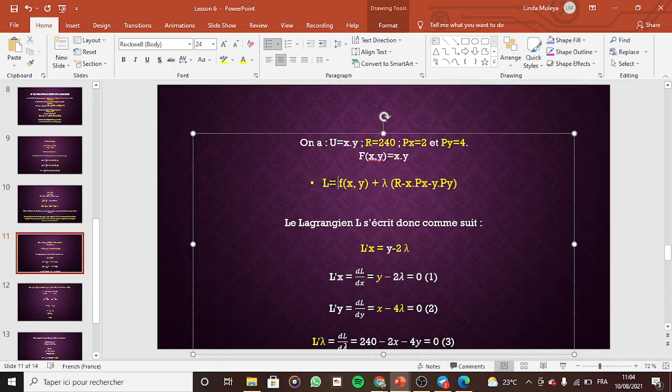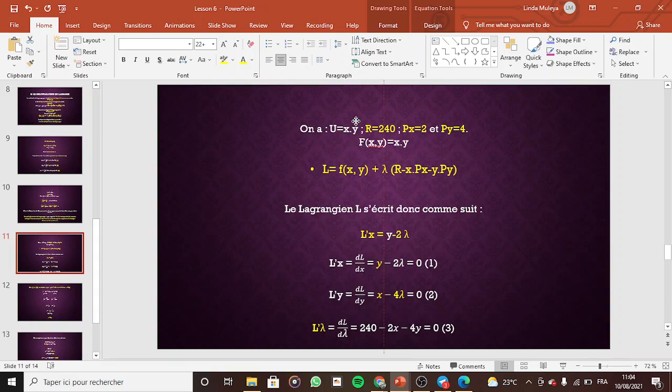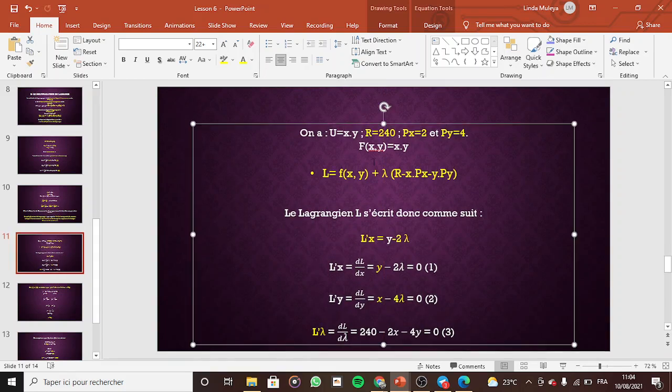L is equal to this. Do the same thing we did and replace our values here. Because you're differentiating in terms of Lagrange, f of x or f of y has nothing to do with Lagrange.